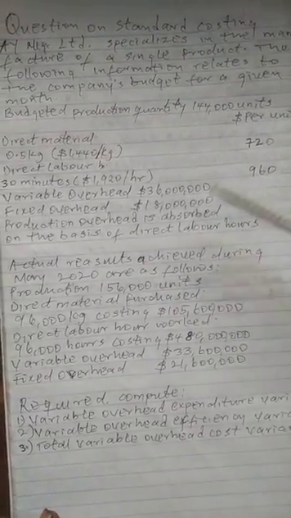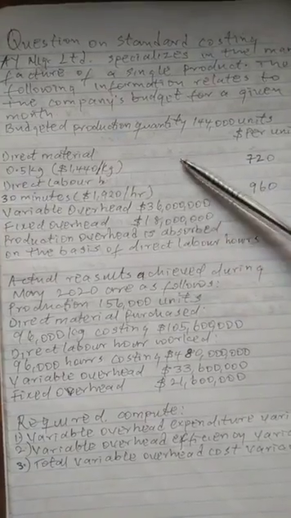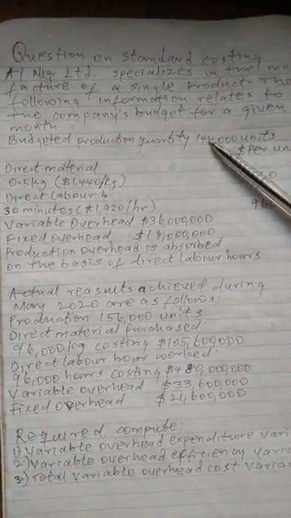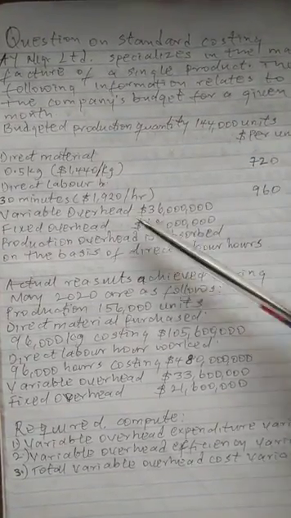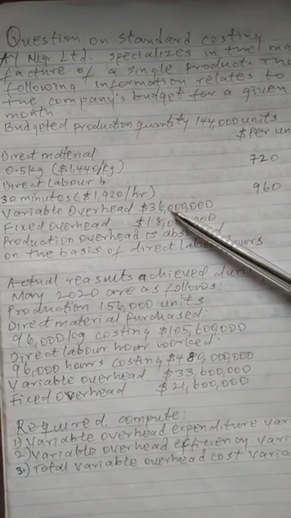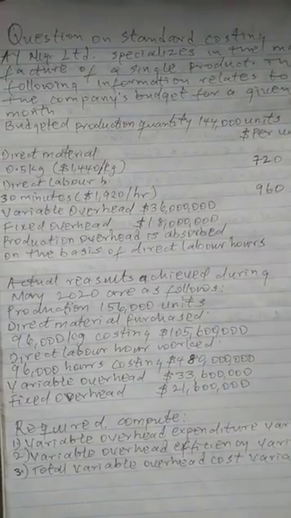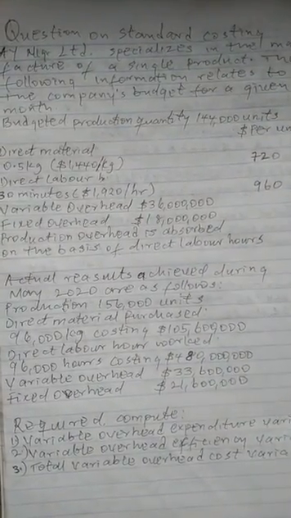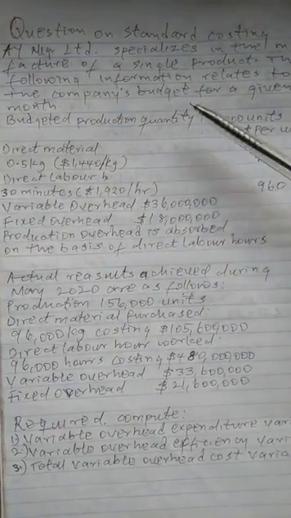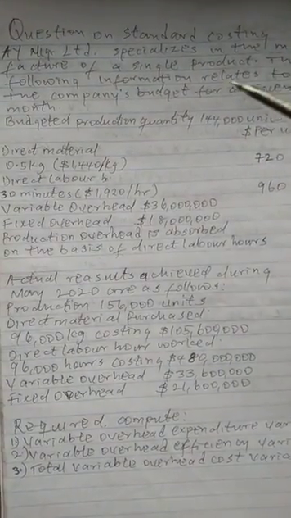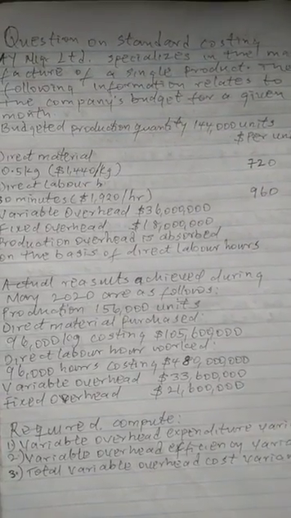You must also know that for you to calculate the variable overhead absorption rate, you have to use the budgeted overhead divided by the budgeted labor hour. It depends on the basis. If the basis is labor hour, or direct material, or prime cost, or machine hour.